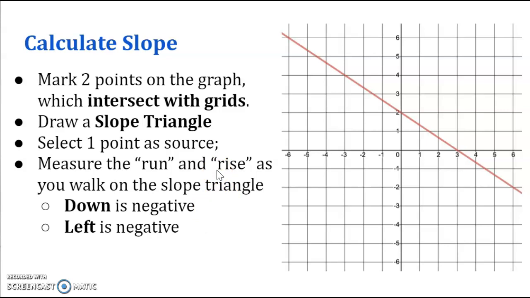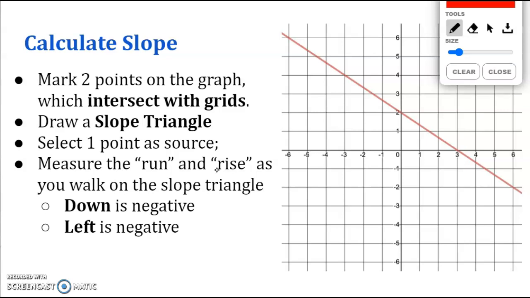So mark 2 points on the graph which intersect with the grid. If I was to choose 2 points, I need to be going along the graph. I am not going to choose this point here because it's not going through the grid exactly. This point is not going through the grid exactly.